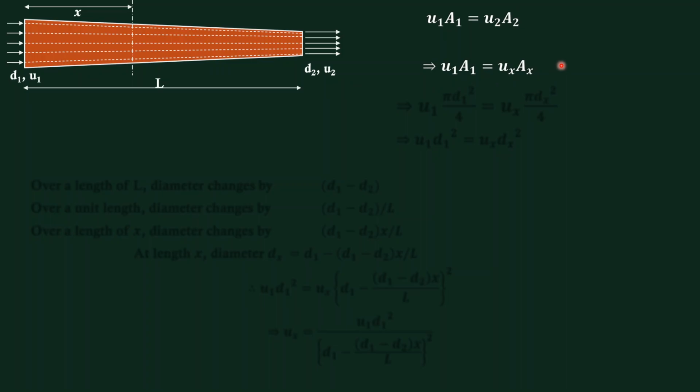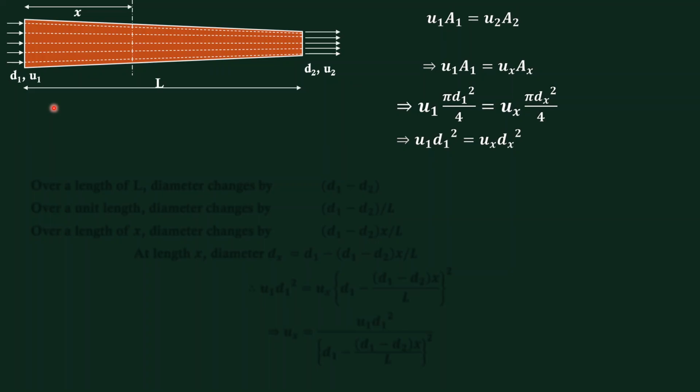So let's expand this whole thing, because A1, Ax, these things are right now unknown. We'll write A1 equal to pi d1 square by 4, that is the area of the circular cross section. Similarly, Ax is pi dx square by 4. And pi and 4 can be cancelled, so it remains u1 d1 square, ux dx square.